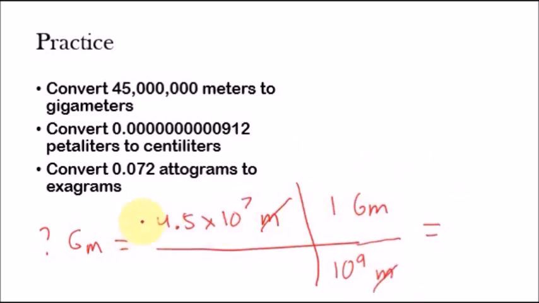Then we multiply everything on the top, multiply everything on the bottom, and then we divide. So we multiply 4.5 times 10 to the 7th times 1 gigameter, and then we divide that by 10 to the 9th, and we would get 4.5 times 10 to the minus 2 gigameters.